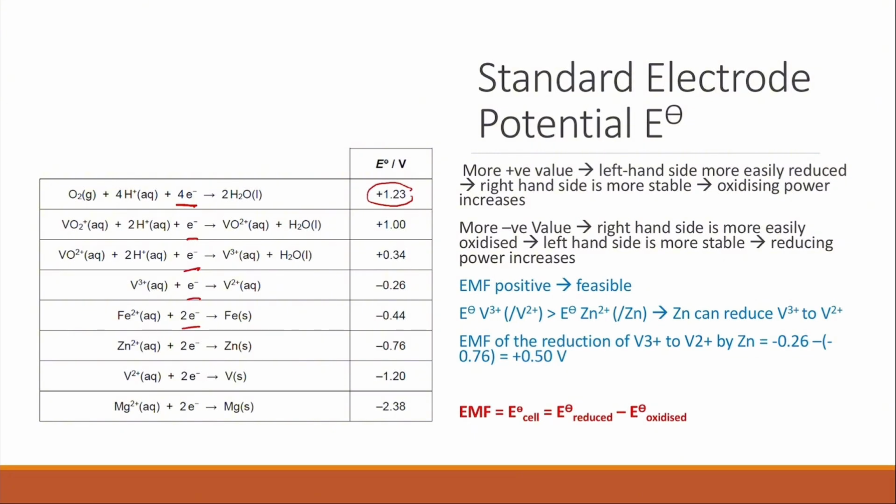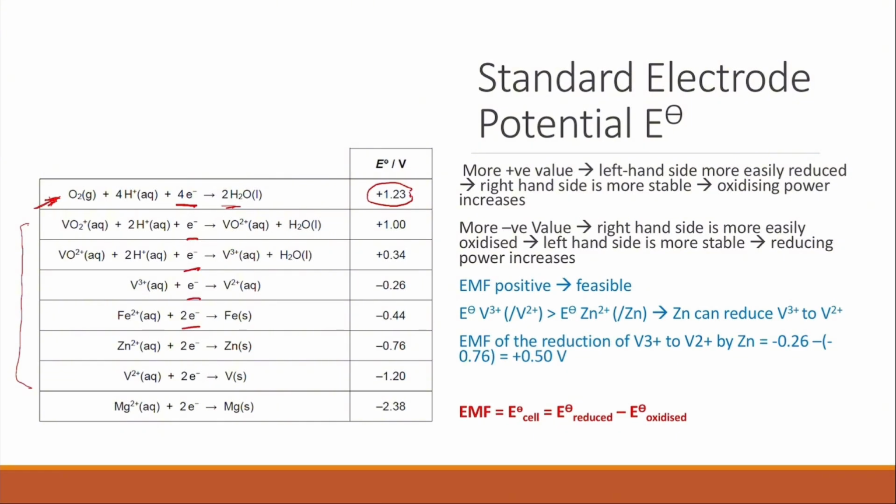Here in this electrochemical series, taken from one of the past papers, you can see the first one, with the highest positive value, is oxygen being reduced to give water. This has the highest oxidizing power, meaning the oxygen will be reduced. So if you have a half cell for this one with any of the ones below it, this is always going to be the reduction, and the other one is going to be the oxidation.